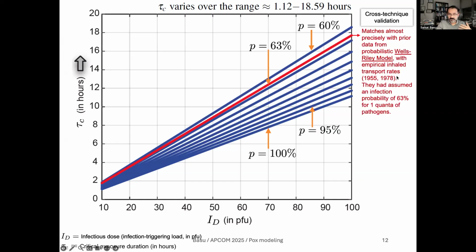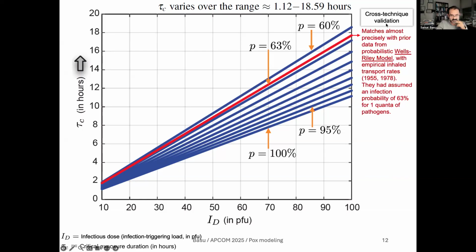They had used empirical estimates for inhalation, and for a probability of infection of 63%, which is what it is for one quanta of pathogens, they found that the range of critical exposure duration should vary between similar 1.8 to around 17.7 hours.